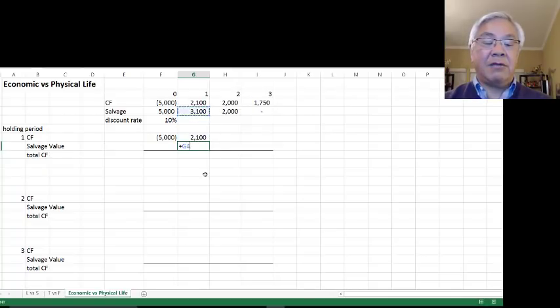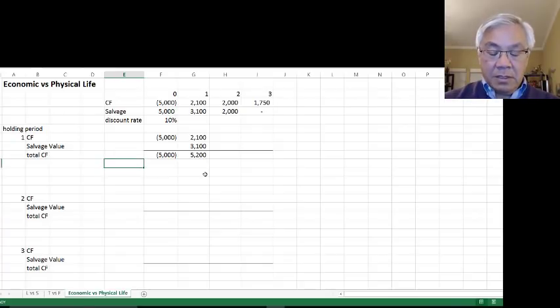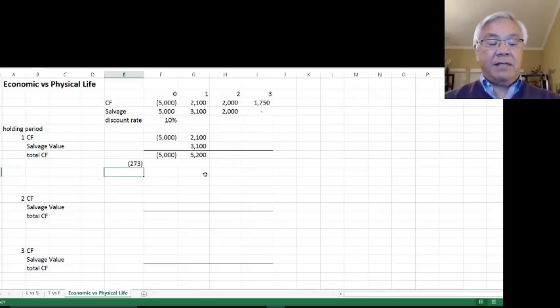We sell it and get $3,100. So the cash flows would be $5,000 for year 1 and $5,200 for year 2. So equals NPV, discount rate of 10%, comma, plus 5,000. So 273 is the negative in this case, cash outlay.